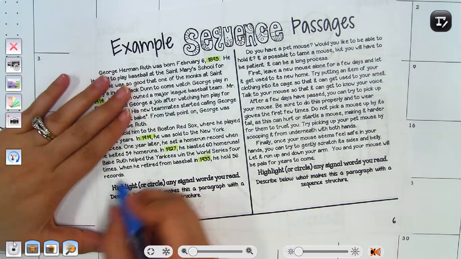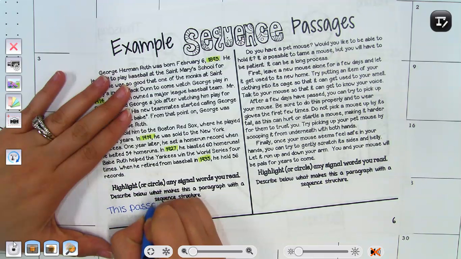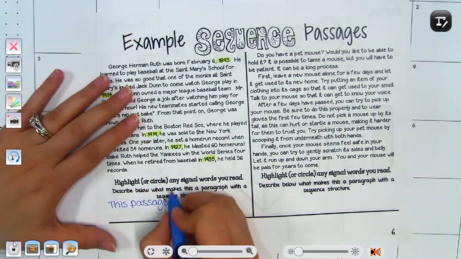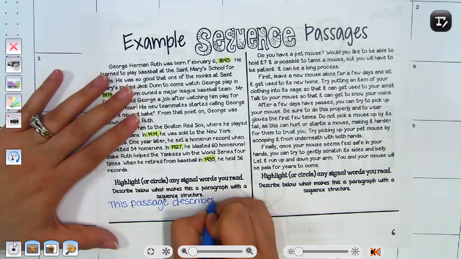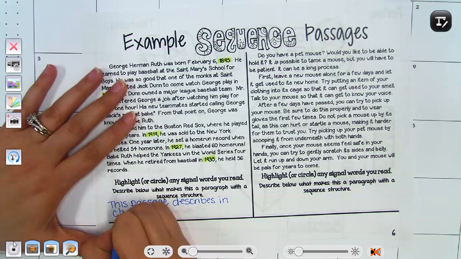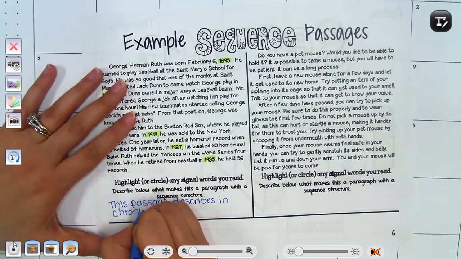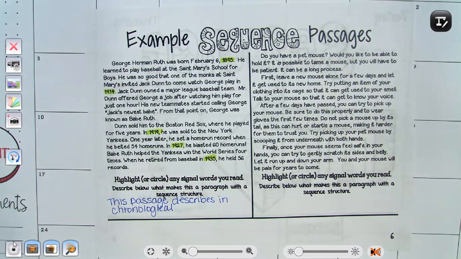Okay, so this paragraph or passage describes, now don't get this confused with description text structure, describes in chronological order. Guys, chronological order means in order from what happened first all the way to the end.